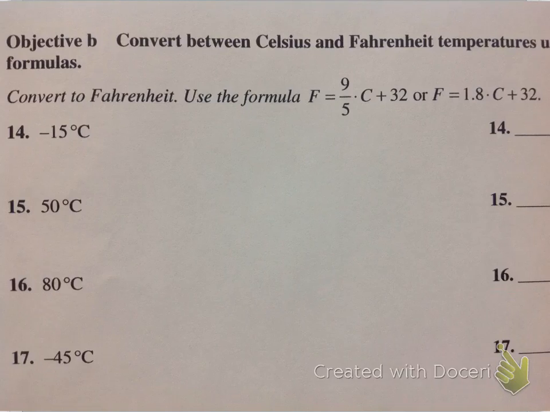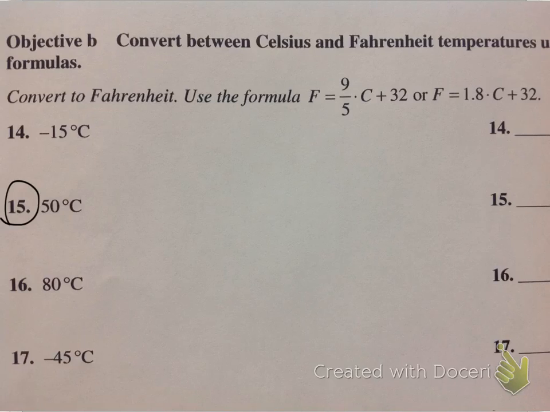Let's pick 50 degrees Celsius. Since I'm given Celsius and I need to find Fahrenheit, we have two different formulas we can use, one that has a fraction in it and one that uses the decimal.